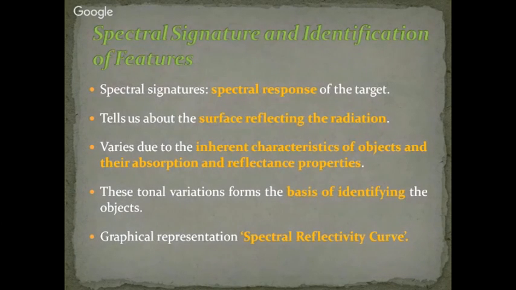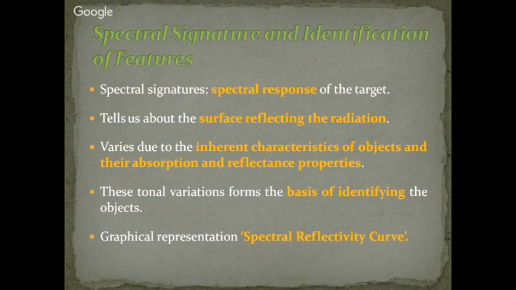Now, how do we identify different objects or surfaces? In order to do that, we need to understand the behavior of surfaces with respect to incoming solar radiation. Remote sensing is nothing but an understanding of the reflectance behavior or the absorption behavior of different surfaces. Spectral signatures are very important here. These spectral signatures refer to the unique characteristics of any surface with respect to reflectance and absorption of energy.